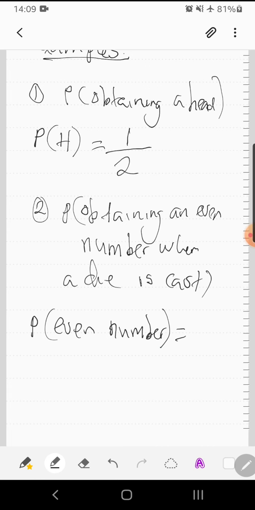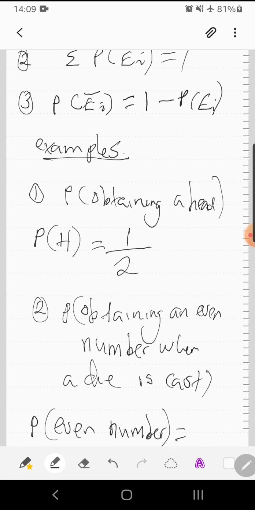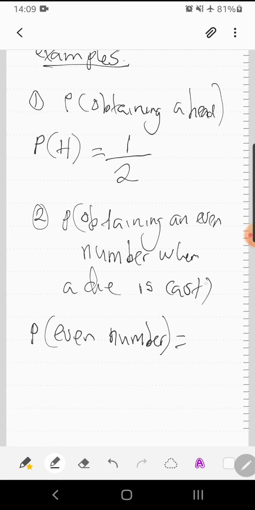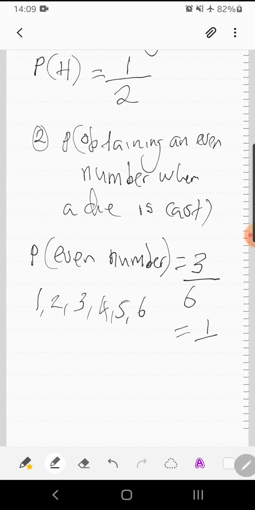We're looking at the probability that that event can occur over all the total possible outcomes. So how many even numbers do we have on a die? Of course, the faces are 1, 2, 3, 4, 5, and 6. So even numbers, we have a 2, 4, and 6. So we have 3 even numbers. The total possible outcomes are 6. So that means our probability, you just take that to its simplest form, you have 1/2.